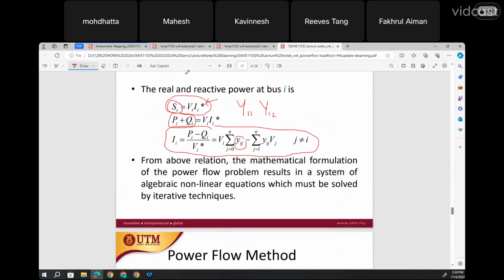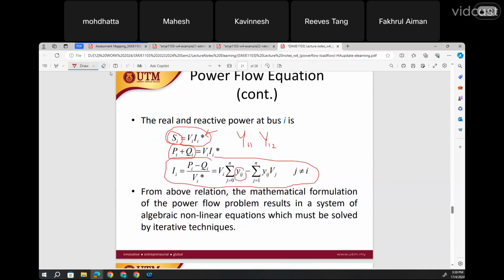Since you see here there are a lot of unknown quantities, this is considered a nonlinear equation system, an algebraic nonlinear equation, and it can only be solved using iterative techniques.